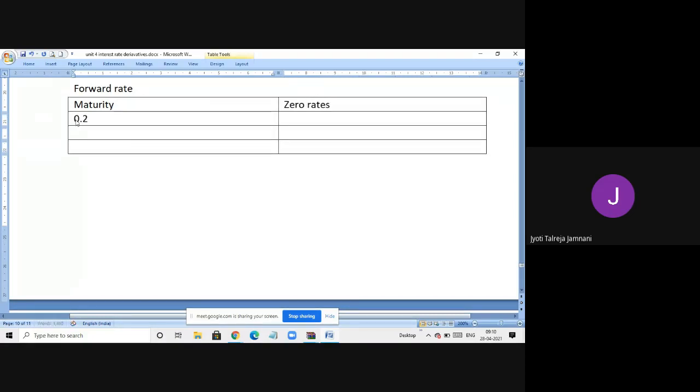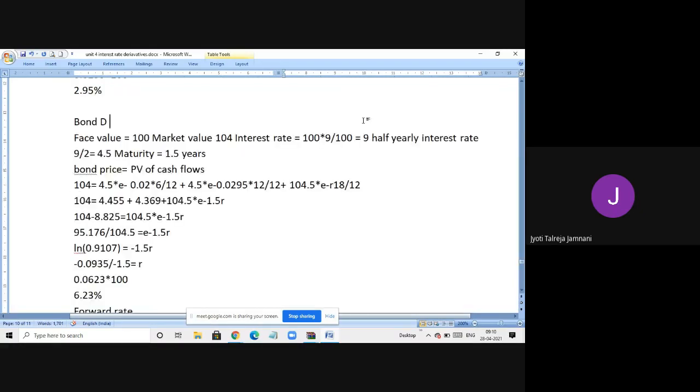Maturity of the bond: 0.25, 0.5, 1, and the last one was 1.5. All four bonds A, B, C, D. Now we'll see the zero rates which we have found while solving.